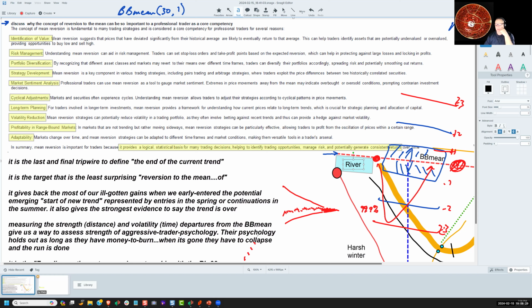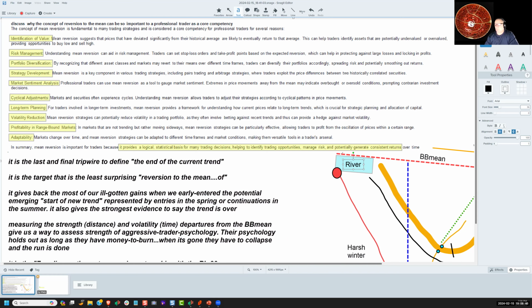If there was a lot of price directional movement, you're going to have seen the Z3 lines get very wide and then start to compress. So it creates an envelope of volatility. But the magnetic pole, the center pole that pulls everything back, this giant magnet, is the Bollinger Band mean.